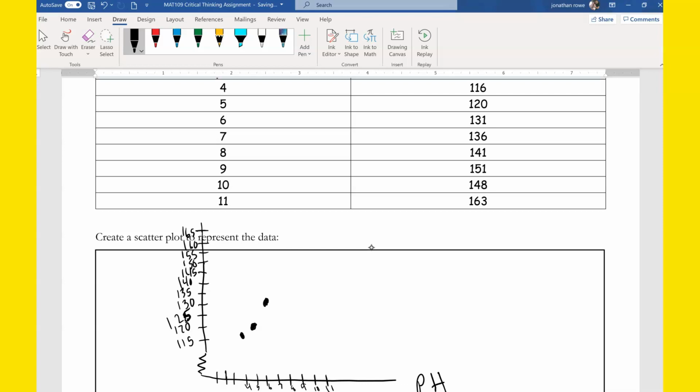You don't have to be super precise, and that's not going to be a problem. It's not going to count off on you.